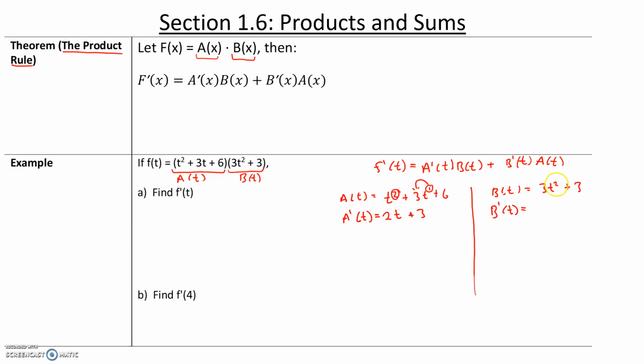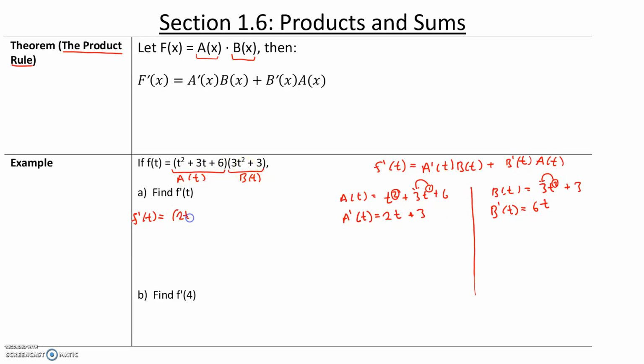b prime of t, we got 2 times 3, which is 6. And then we decrease the power of t squared by 1, which will give us 6t. And the derivative of a constant is 0, so we can ignore that. Now that we know what each of these are, we can plug these in. So f prime of t by this formula is a prime of t times b of t. In other words, the derivative of the first function times the second function.